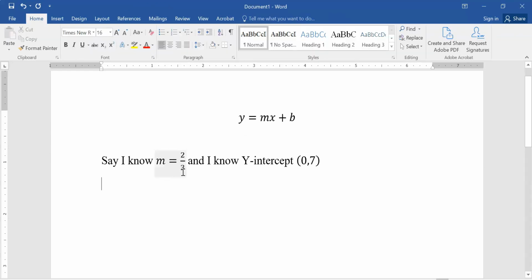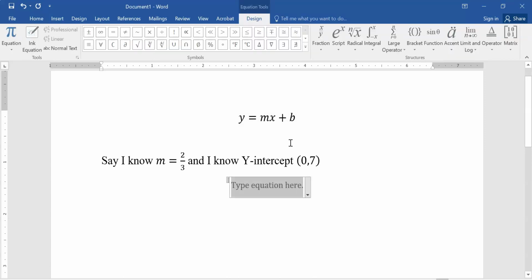Well, if I know those two things, and we have this form that we want to put our lines in, the slope-intercept form, then it's pretty easy to say the equation of the line is going to be y equals 2/3 x plus 7. All right. So that's the idea.